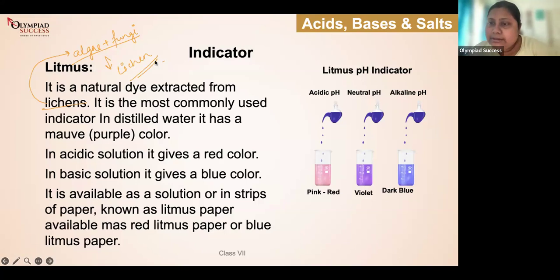They are also a pollution indicator, by the way. How? They will not grow in places which have a lot of pollution. They grow in less polluted places. So now you will not find lichen much.